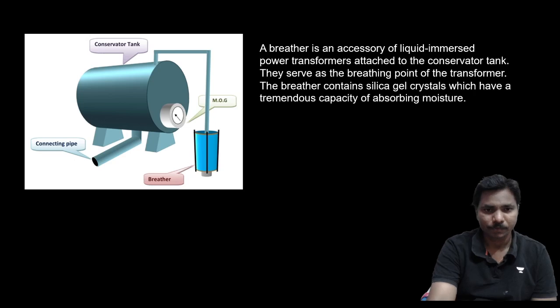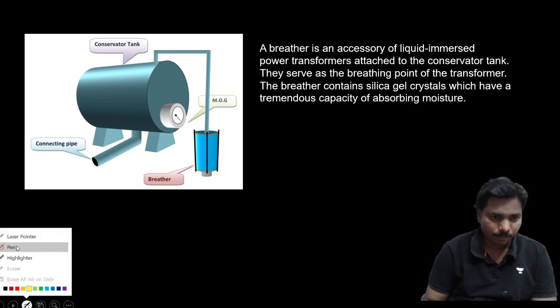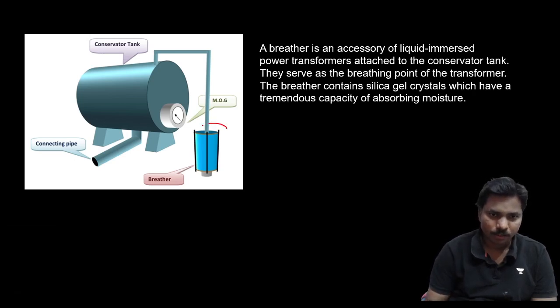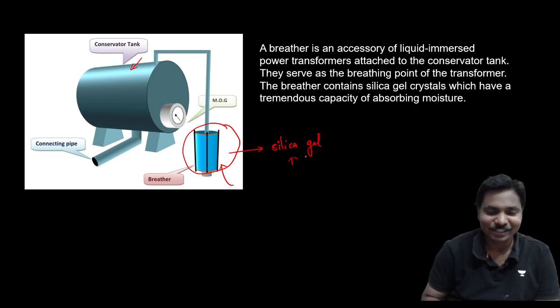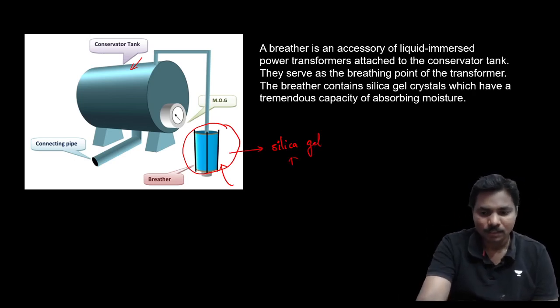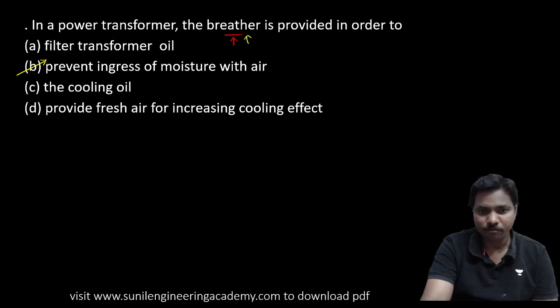The answer is option B. So if it is the conservator tank, it will be connected to a small box that is called the breather. This breather contains silica gel. We also get questions on silica gel, so it is a very important one. Here, it is to prevent the ingress of moisture with air.